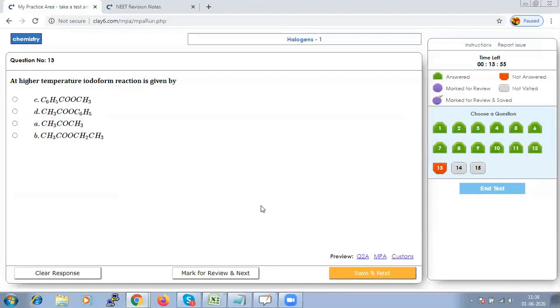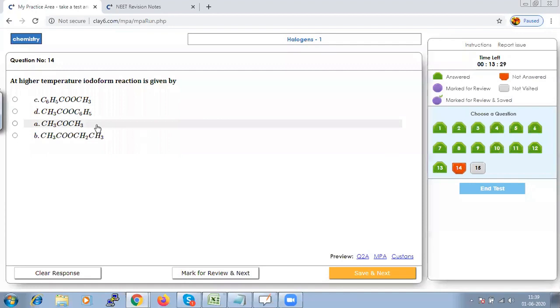So these are all just chemical reactions and you have to focus on the concept of how the product is being formed. At higher temperature, your iodoform reaction will be given by CH3COCH3, because we have to know about your iodoform reaction.